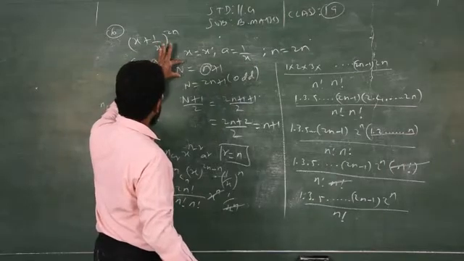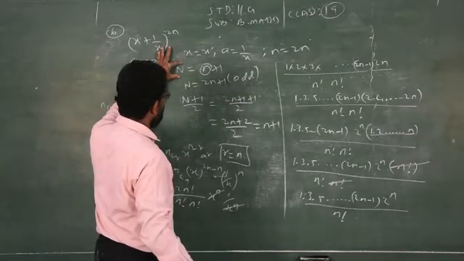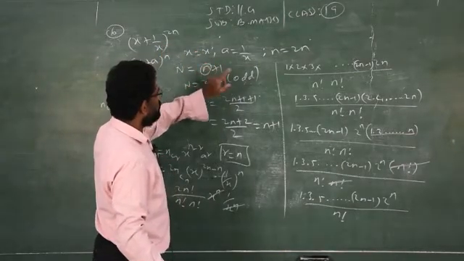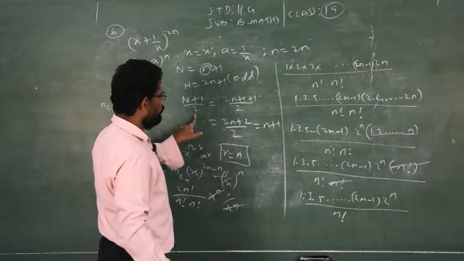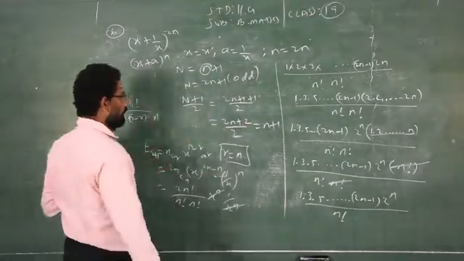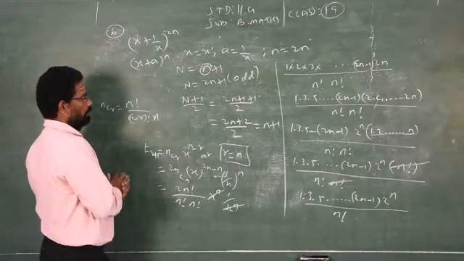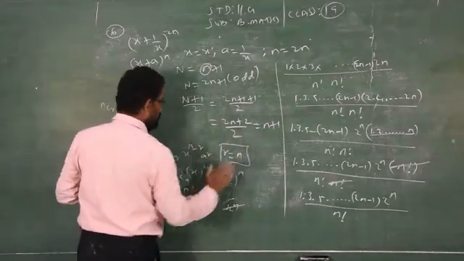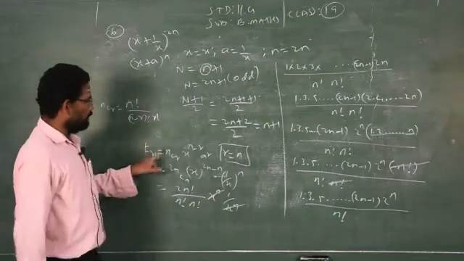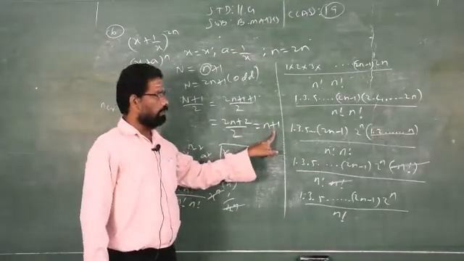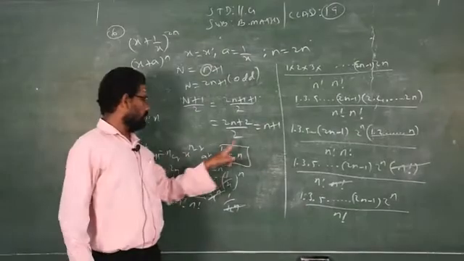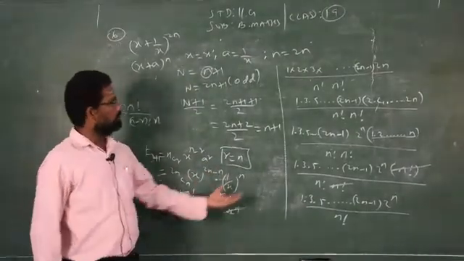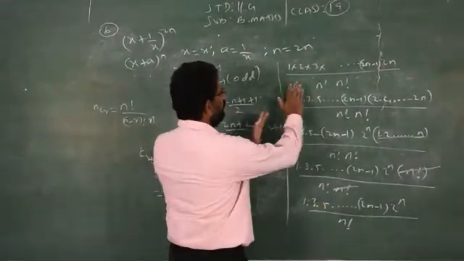First you find capital N. You know how to find capital N, small n plus 1. If it is an odd number, n plus 1 by 2 is the answer to find the term, that is the n plus 1th term. You cannot replace r by n plus 1; for r, take the predecessor of the number n plus 1, that is n. Just substitute and simplify. Why am I separating this?